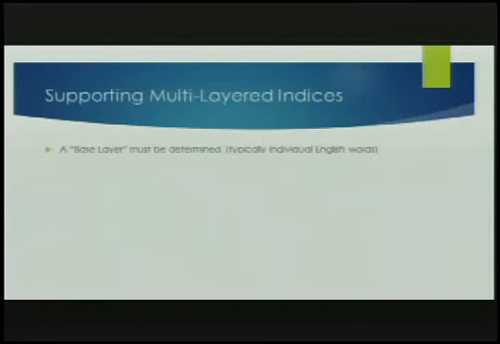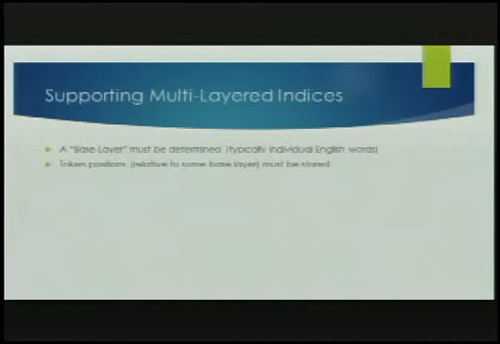In order to support what we actually want to do, we had to change the way documents are indexed. To do this, we first determined the base layer. Typically, we use just the plain text of a document, so English words. Then for all the different semantic types, we store the given terms, so tokens with a given position: their actual starting location compared to the base layer.